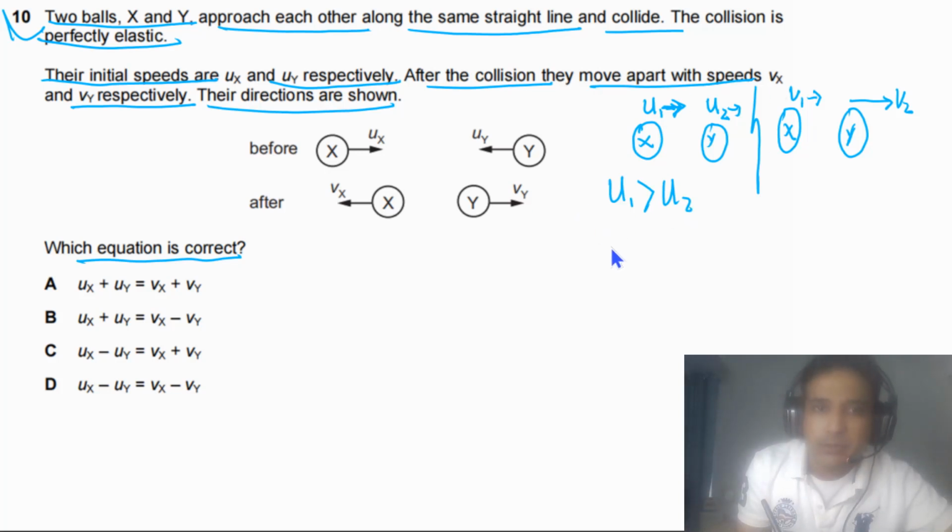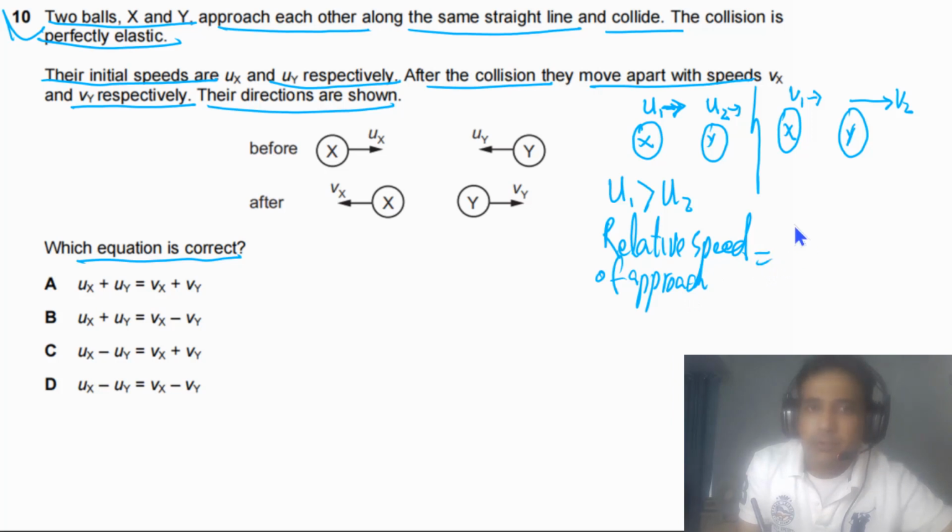Now for this case, you need to understand, as this is a perfectly elastic collision, it simply means that the relative speed of approach should be equal to the relative speed of separation.